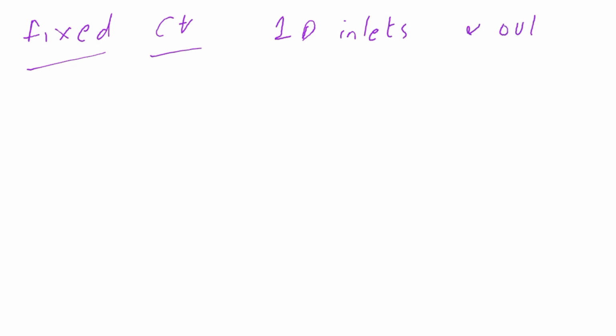Okay, so another simplification we can sometimes make to the fixed control volume mass conservation equation is for 1D inlets and outlets. First, let's briefly say what a 1D inlet and outlet means.